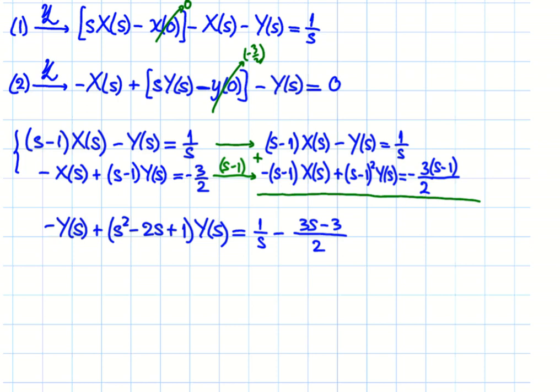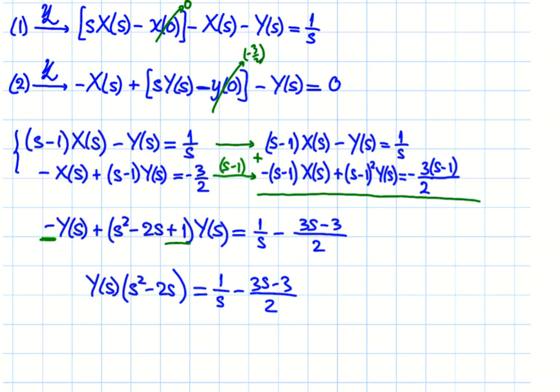The left hand side, when we combine, we have Y(s) times s squared minus 2s. The plus 1 here cancels with this minus 1, so we don't have anything else. So that's pretty much it. And then we just say 1 over s minus 3(s minus 1) over 2.